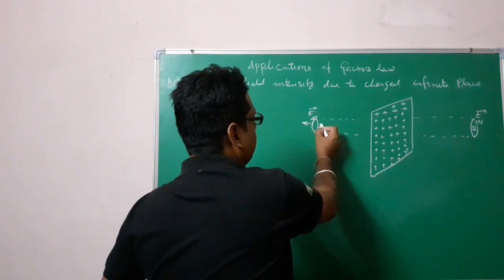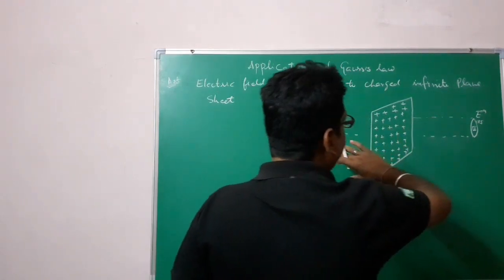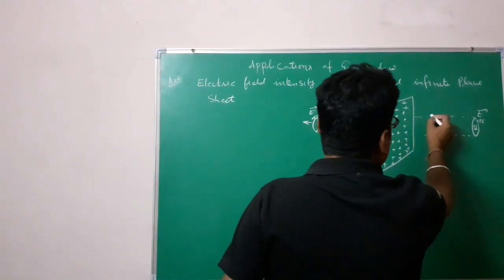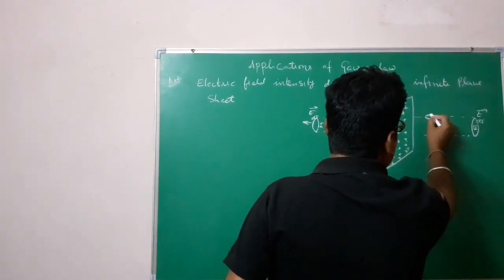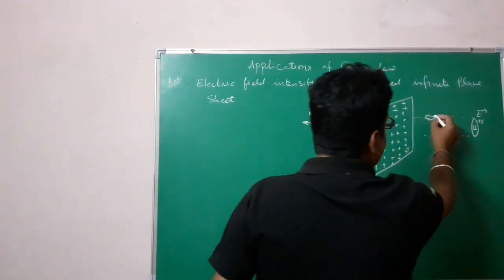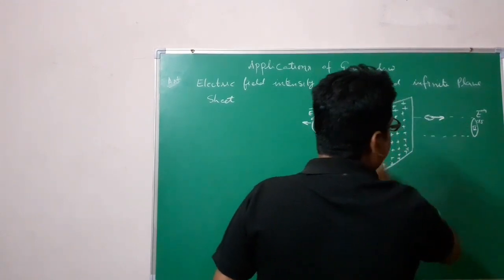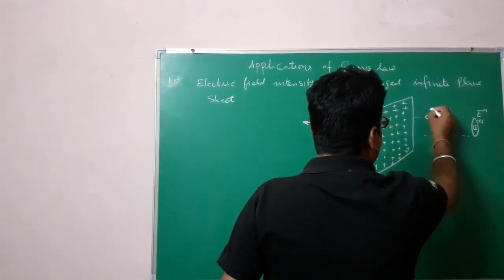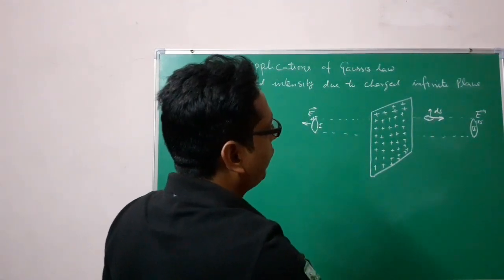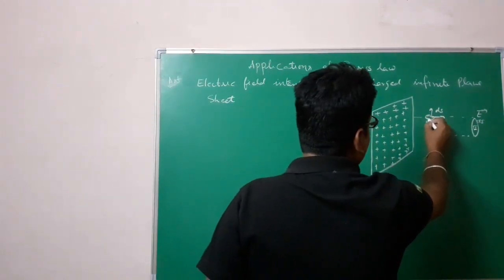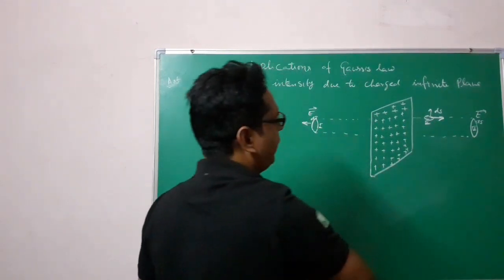This is your first region, and we can take a third region, this side or this side. So I am taking a small surface. Since the electric field is acting in this direction and this surface has this direction, what does it mean? I have taken this third region.